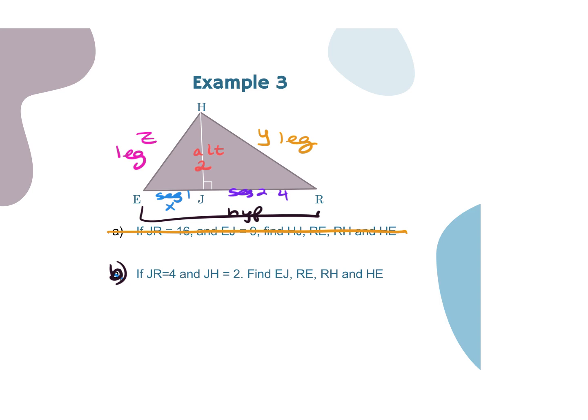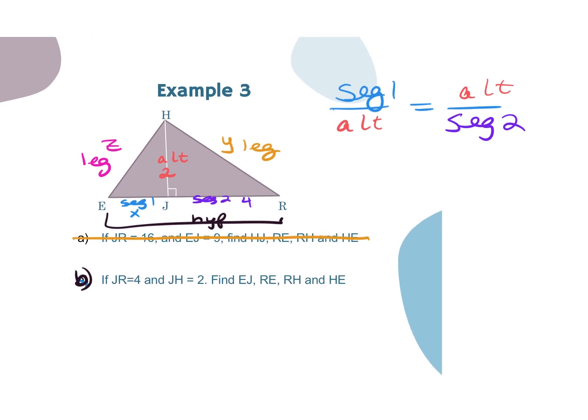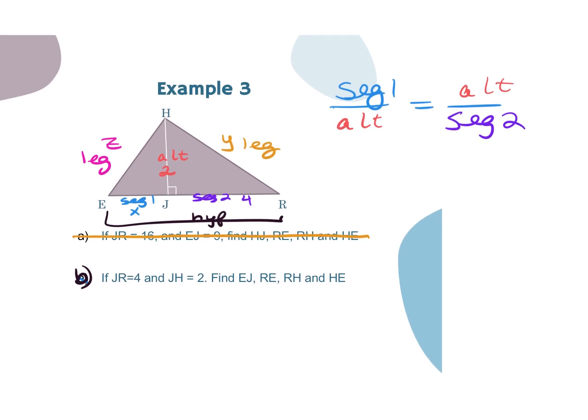So I'm going to be doing segment 1 over altitude and then altitude over segment 2. So I'm going to fill it in. So segment 1, I don't know. That's my X. I know my altitude this time, it's 2, and segment 2 is going to be 4.